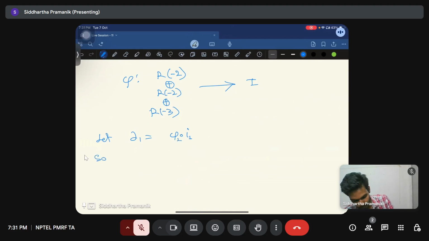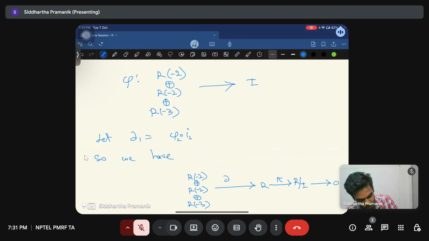So we have R mod I to 0 to R, and if here we have R minus 2, direct sum R minus 2, direct sum R minus 3 to here, which is delta 1.